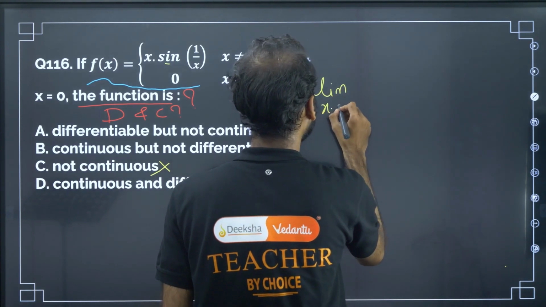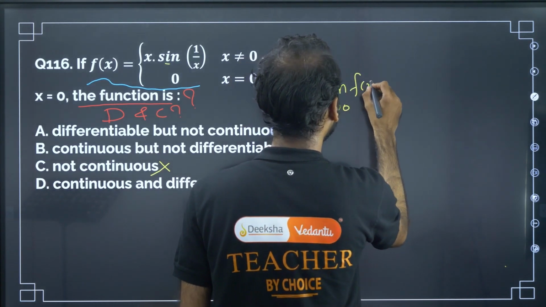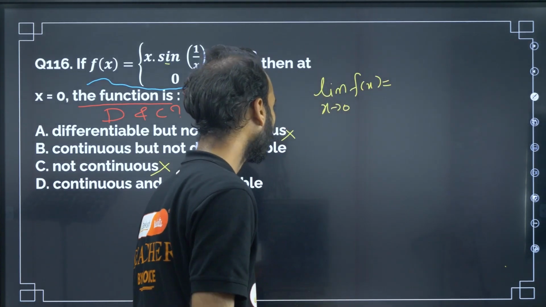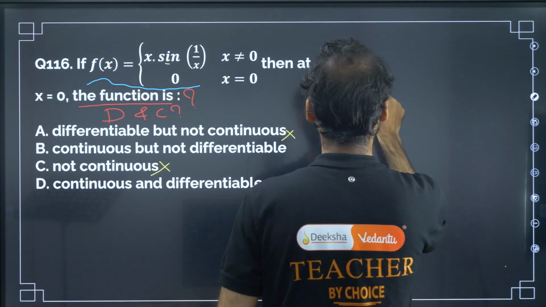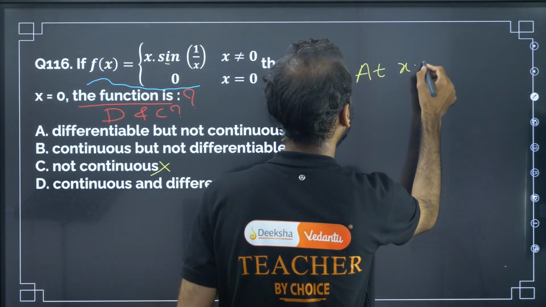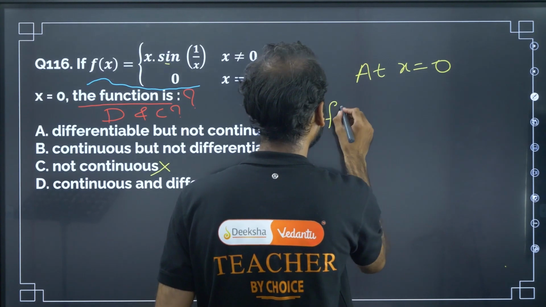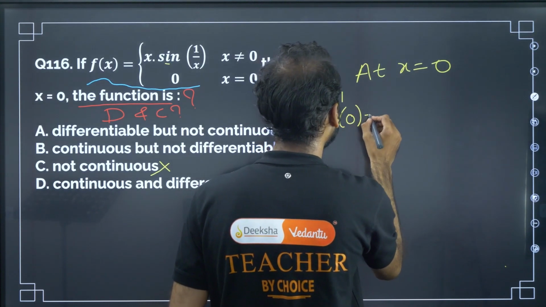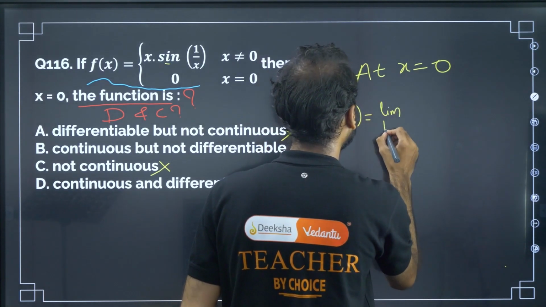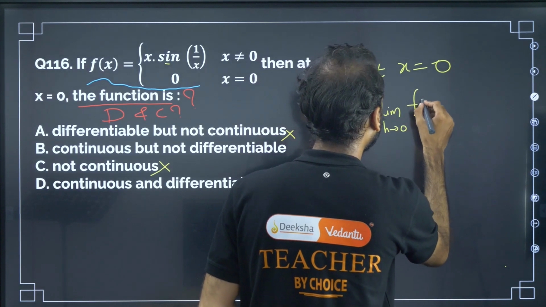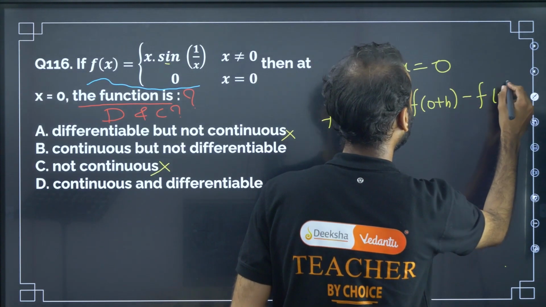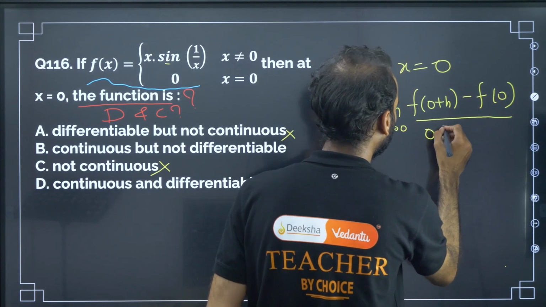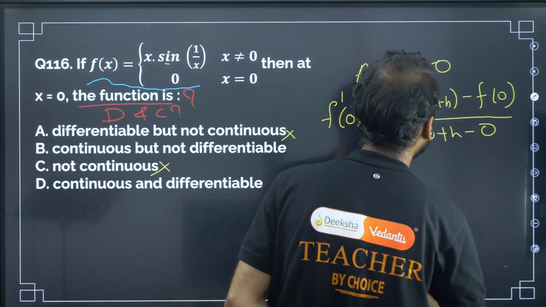At x equal to 0, f dash of 0 is equal to limit h tending to 0, f of 0 plus h minus f of 0 by 0 plus h minus 0.